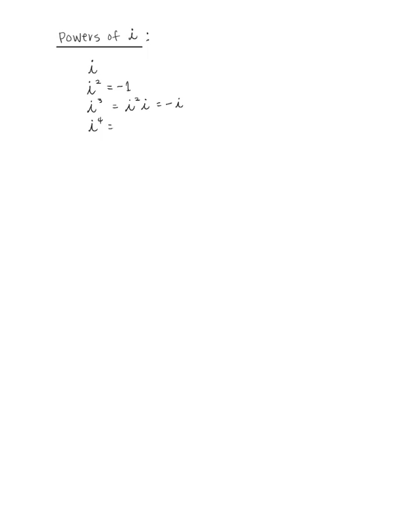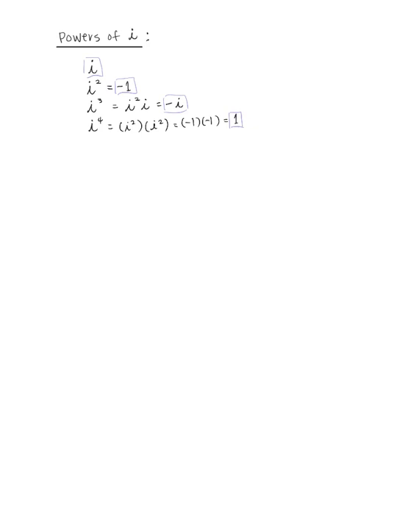And then i to the fourth is nothing but i squared times i squared, which is going to give us -1 times -1, which becomes 1. So what do we got going on here? If I start out with an i, next one's going to be -1, third is -i, and i to the fourth is 1.